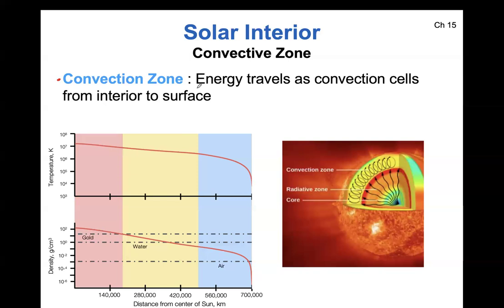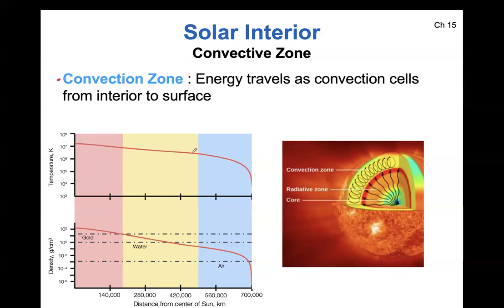So convection is all about cycles of rising and sinking. And if you look at the picture, you can see little circles representing those convection zones and that cyclic process. Hot, rise, cool, and sink.